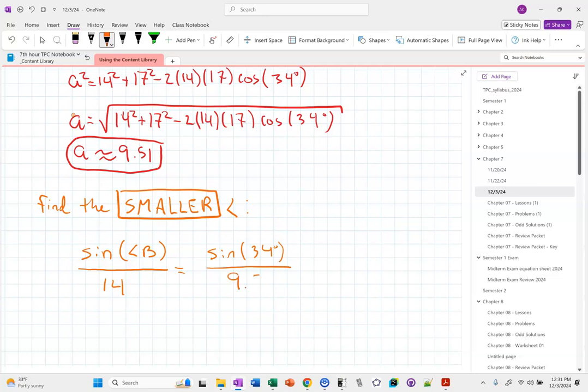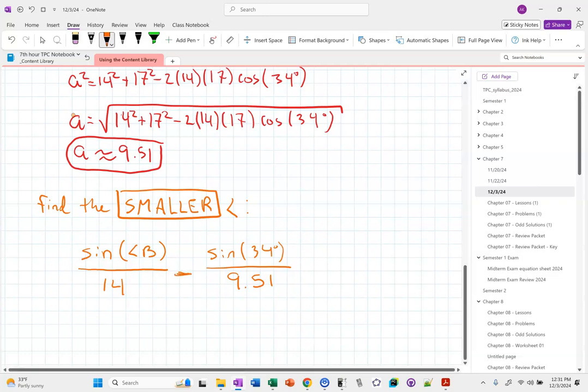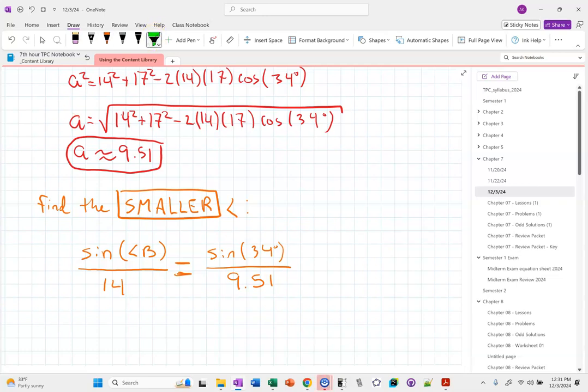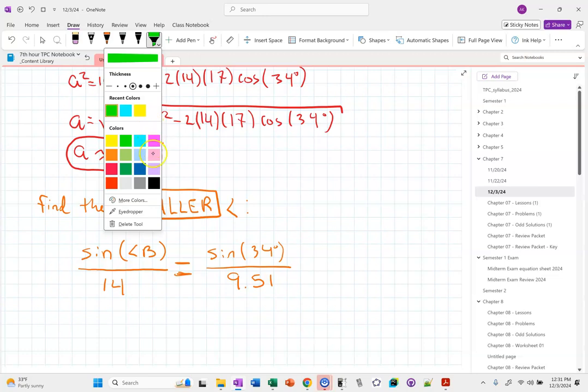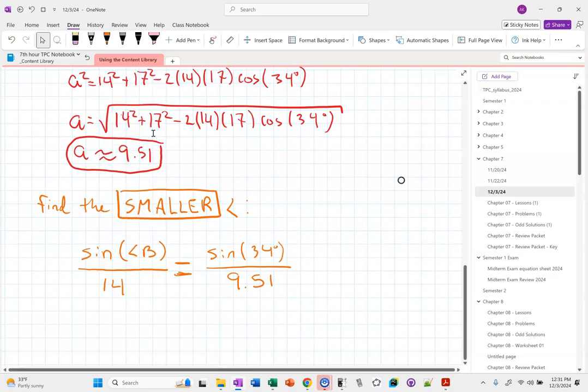Now, I'm going to pause here for a moment and explain why this order matters. Okay, so I'm going to go back up to my picture and explain to you why the order matters.